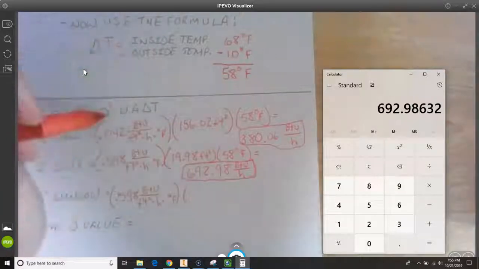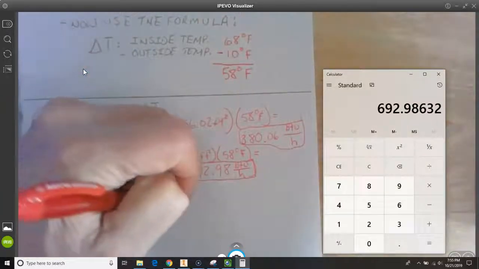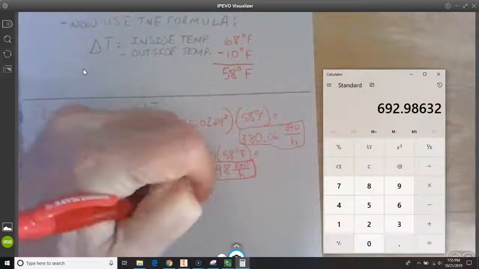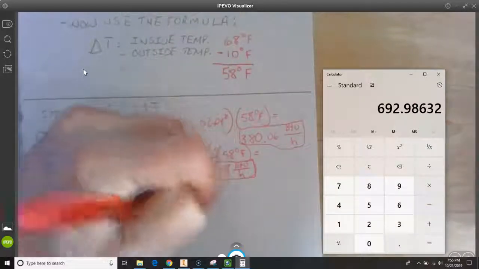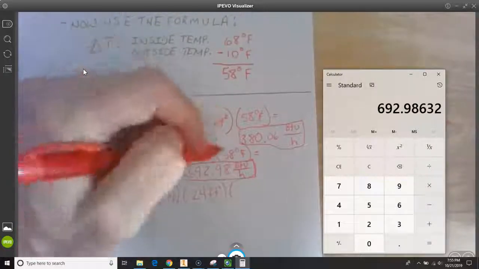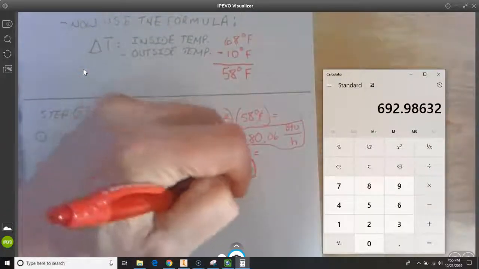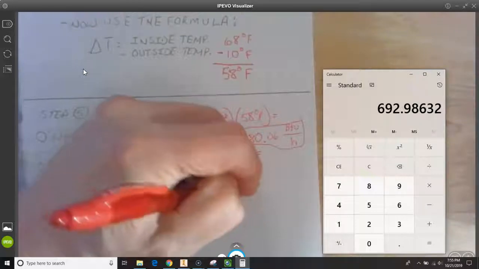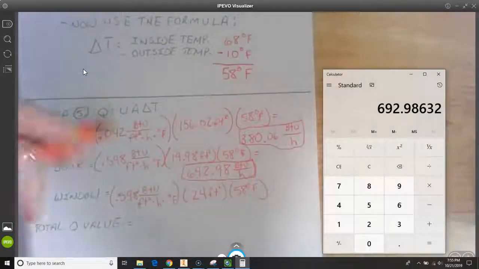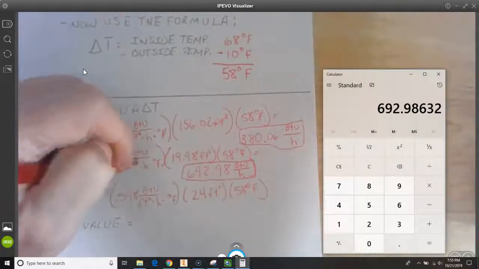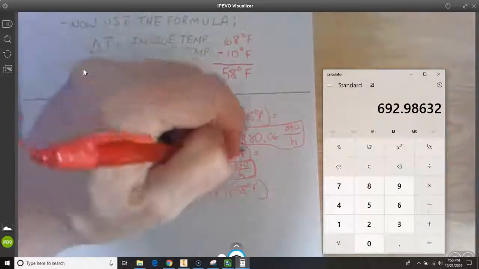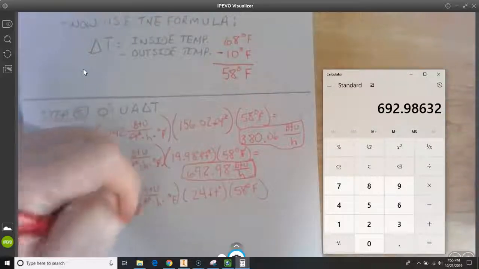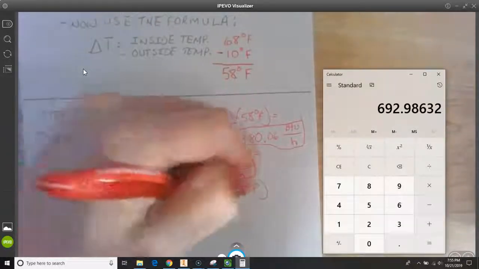So our area for our windows is going to be 24, and that is feet squared, times our 58 degrees Fahrenheit. And then we do all the cancellations. I didn't do the cancellations up here. I should. That way we know we got it done. All right. So I'll do the cancellations here also.